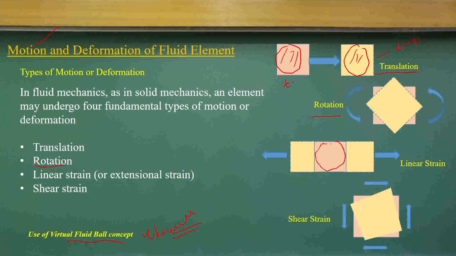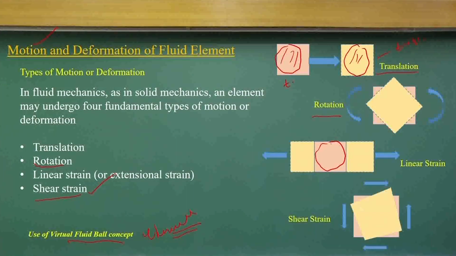If I have a virtual ball, the dimensions of the ball will change. If I give a linear strain, a positive strain, it can expand. If I compress it, then the size will be reduced.